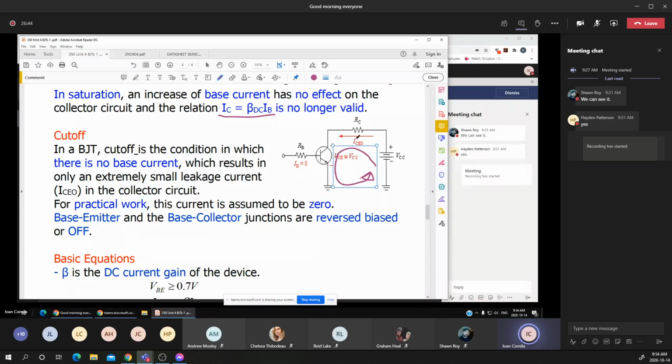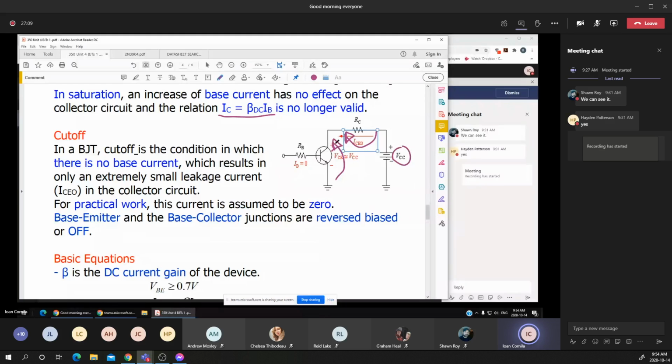Now, if the collector current is 0, the question is, what is the drop voltage across the RC, across the resistor in the collector? Means that the voltage across the resistance RC is 0, means that the VCE is the same or it's equal with the VCC.